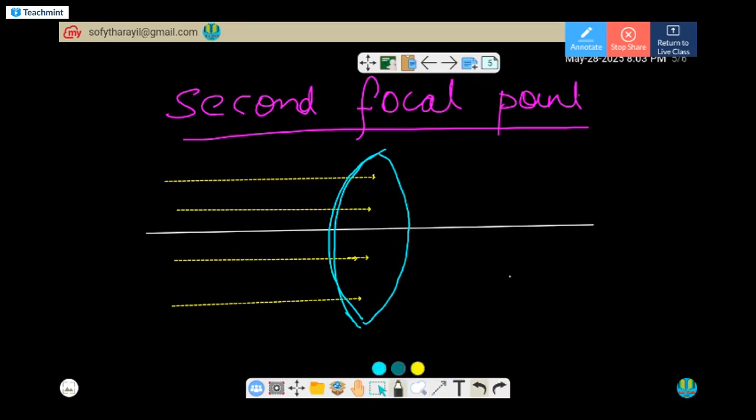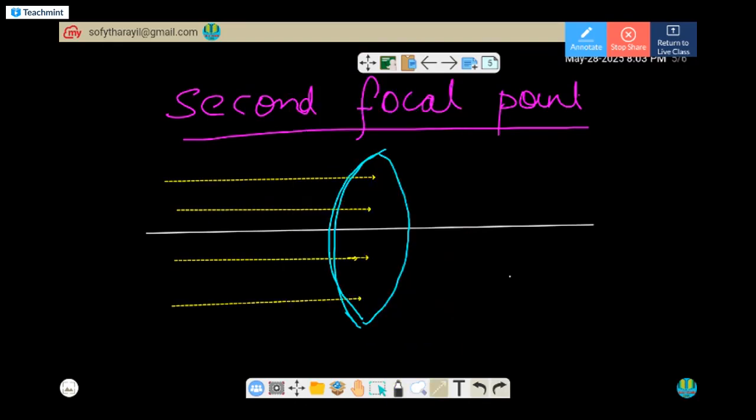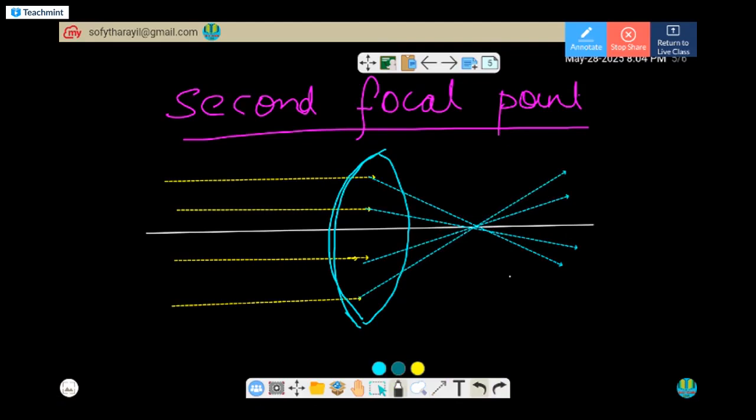And they will all diverge and they will meet at a common point. The bottom one will all go up and all the top one will go to the bottom such that they will meet at this common point. And the point they meet will be considered as your second focal point.